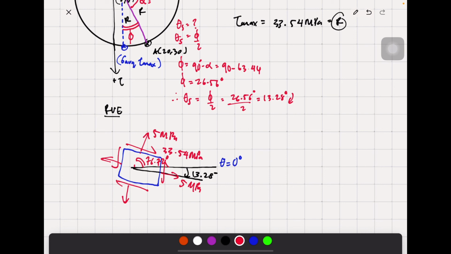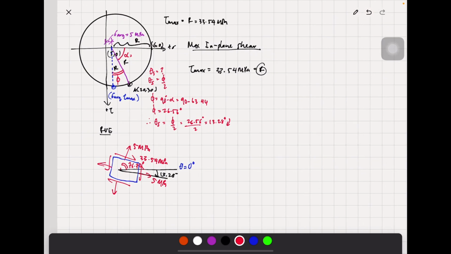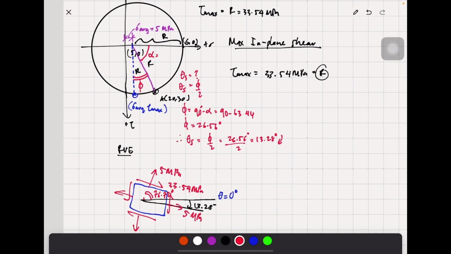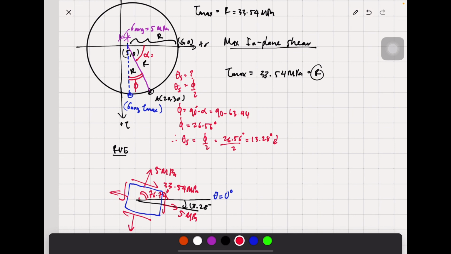Theta S can be computed by using the equation tangent of 2 theta S is equal to negative sigma x minus sigma y over 2 tau xy. But on the Mohr circle, what we have represented, the phi, is calculated by using the angle from the vertical line to the solid purple line, where A, our coordinate of 20, 30, is located.